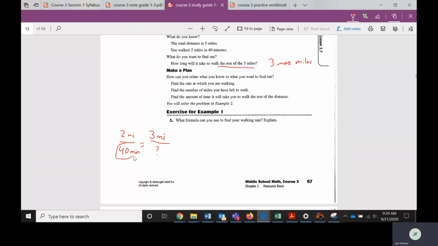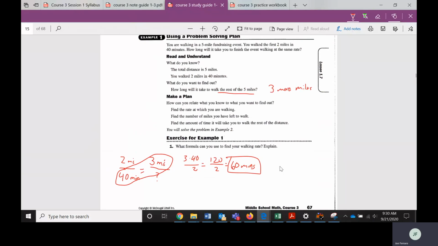We take the diagonal with 2 numbers. So 3 times 40, divide by the other number. 3 times 40 is 120, divided by 2. So this number would go down there, where the minutes were on the bottom. So it would take us 60 minutes to finish. Okay. So I think that's an easier way of doing it.